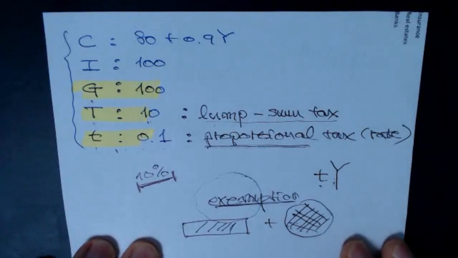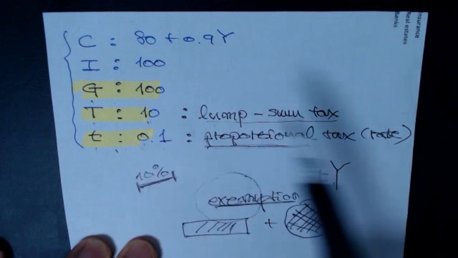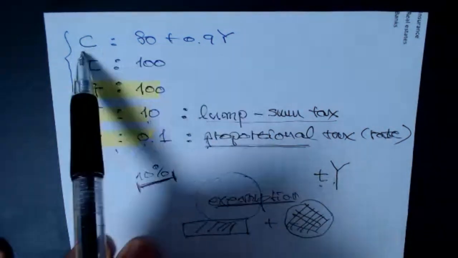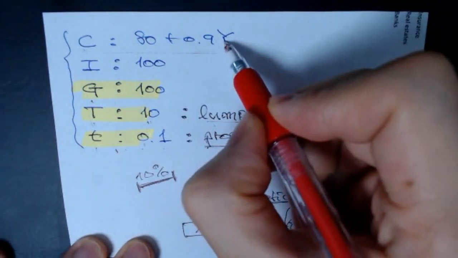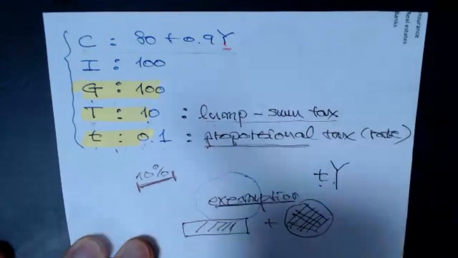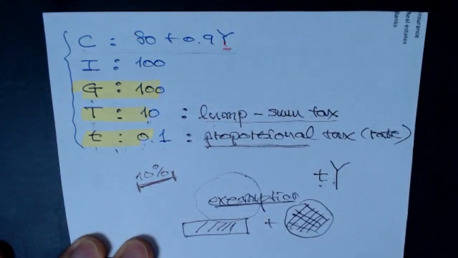Okay, done with tax? Let's move on then. How does household consumption change because of this tax? Pay attention to the letter we used. We used just Y in the two-sector model when there's no government.